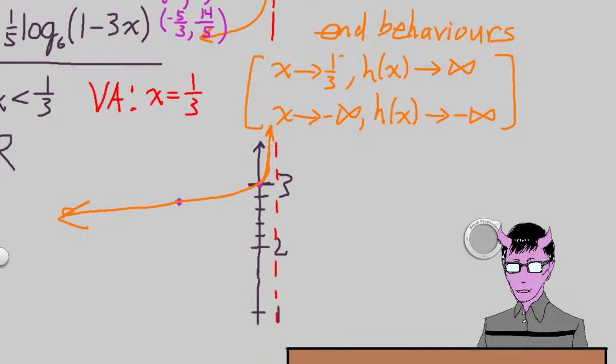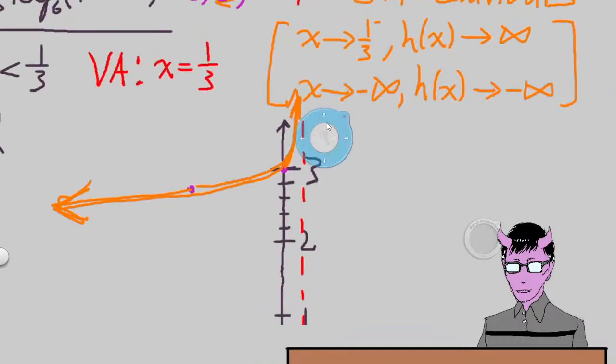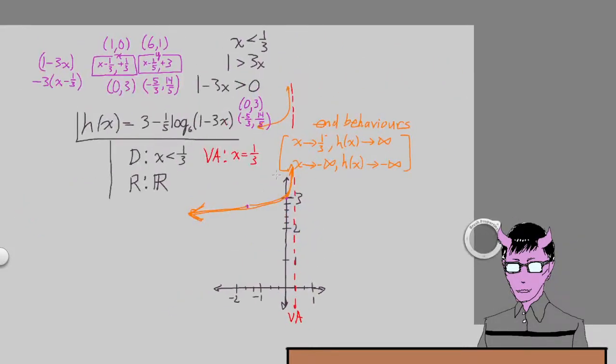Okay, well, just capture the main idea. I can't do it anymore. Okay, something like this, right? The important thing is we get the right end behaviors, as we've already noted before. We can't cross this wall, and we had two reflections. This one was reflected like that, and then reflected like that. So this graph should be good to go.